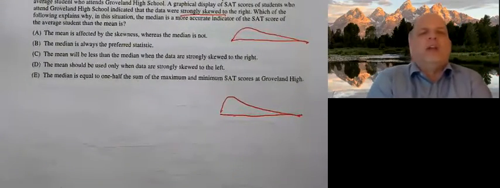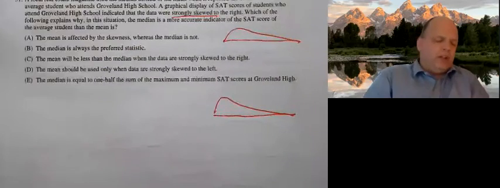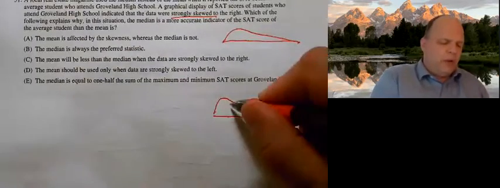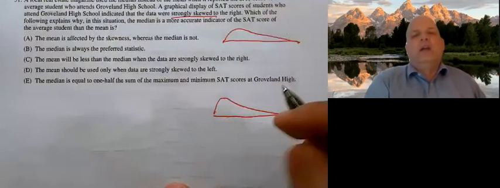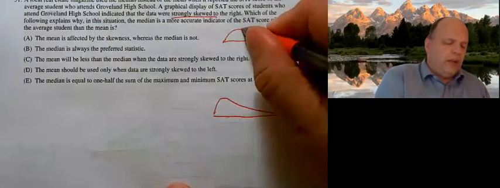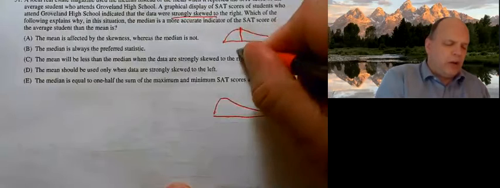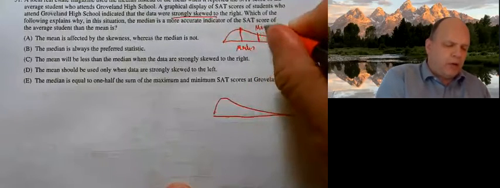Which of the following explains why, in this situation, the median is a more accurate indicator than the mean? Basically, whenever we have skewed data, the mean will be pulled one direction or the other. So if the median happened to be here, the mean might be way up here.